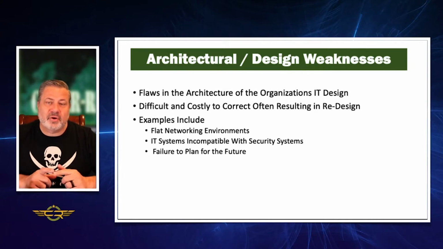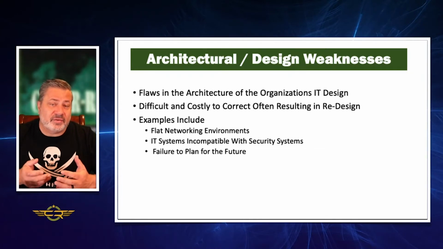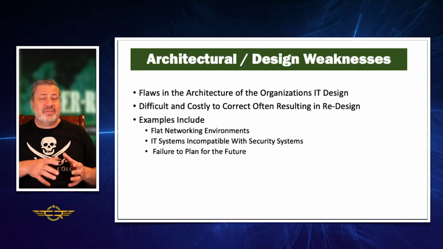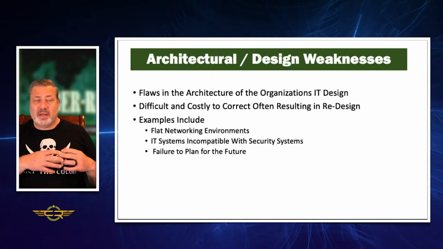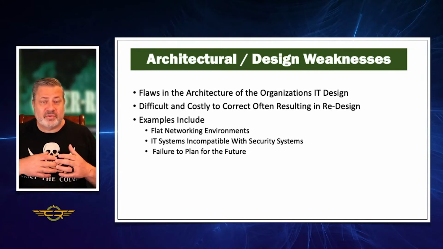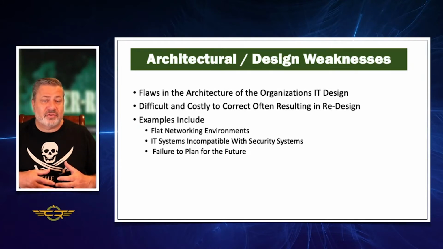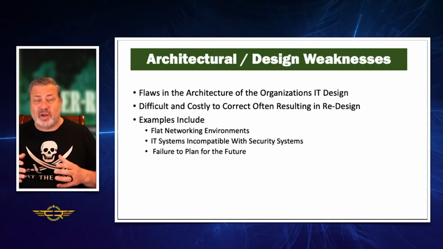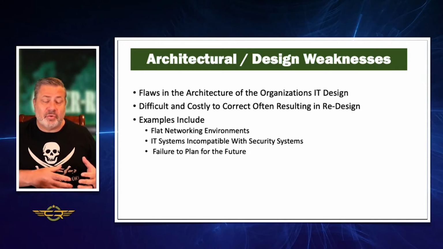So flaws in architecture of the organizational IT design and flaws in architecture of the security design lead to architectural and design weaknesses. Because this is at the enterprise level, we're talking about devices and systems and configurations that cost tens or hundreds of thousands of dollars, sometimes in the millions of dollars, to change if we don't get it right.